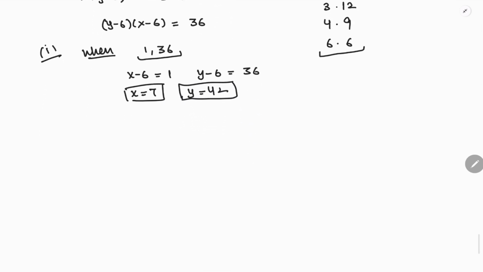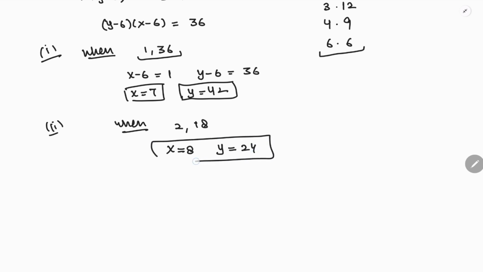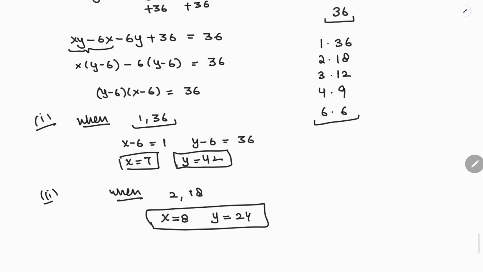Similarly, in case of 2 and 18, when one is 2 and one is 18, x will be equal to 8, and y, you just need to add 6 now, y will be equal to 24, okay? Similarly, if you do case 3, right?